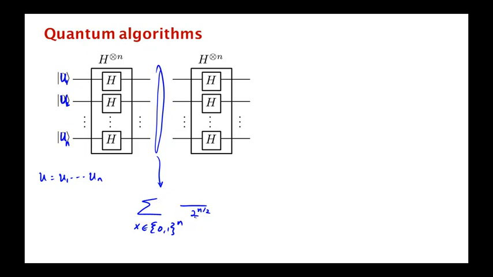And whether the phase is plus or minus depends upon u dot x, right? u1 x1 plus u2 x2 plus so on.